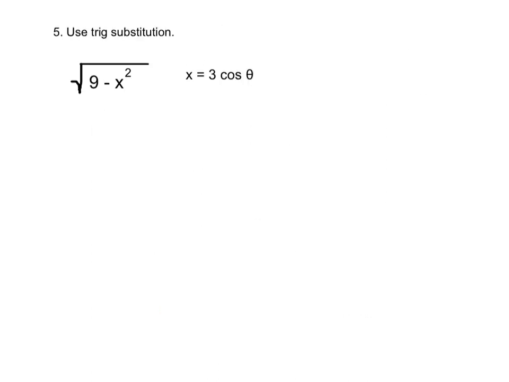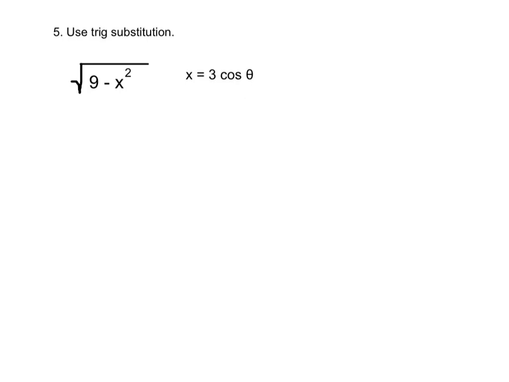Okay, the last technique that we're going to use is a very specific type of problem called trig substitution. What you see is the square root of 9 minus x squared. It's kind of like u substitution. You've simplified it by putting a variable in here, but what x truly is is 3 cosine theta.